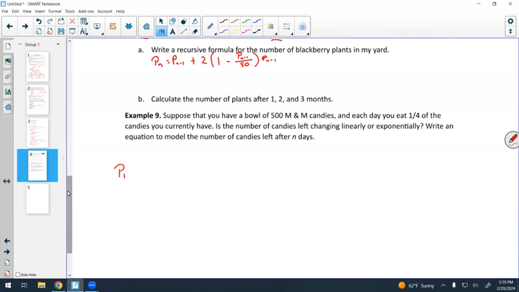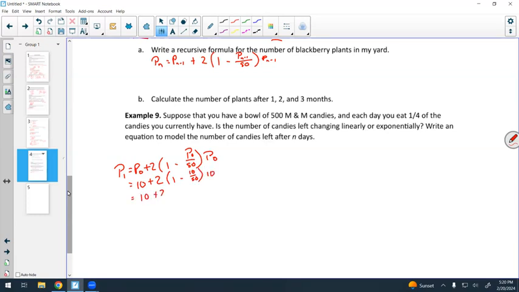So P sub 1 would be P sub 0 plus 2 times (1 minus P sub 0 over 50) times P sub 0. P sub 0 was 10, so 10 plus 2 times (1 minus 10 over 50) times 10.